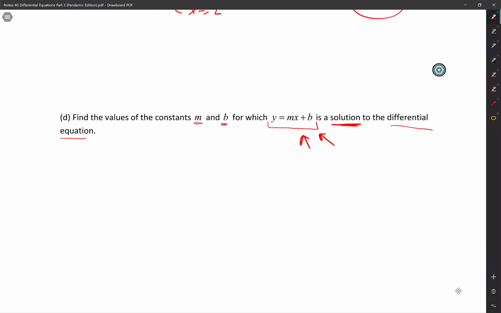And I'll show you the rubric in a little bit. So the way I was thinking, I'm going to write what I'm thinking.